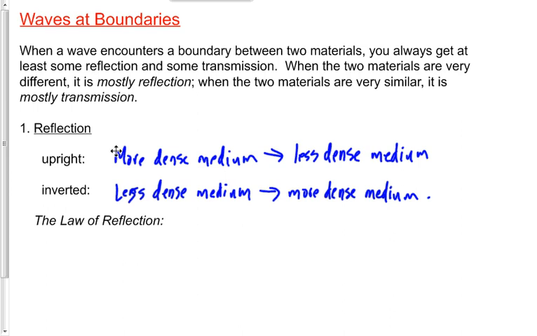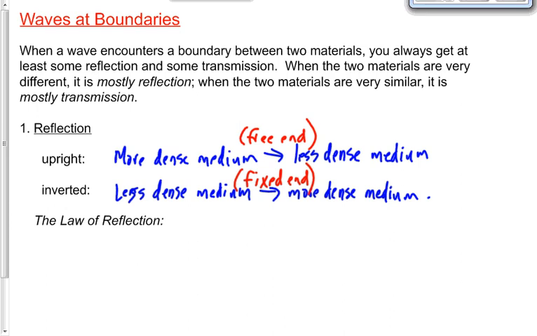If it's not attached to the wall, if it's just floating in the air, then the wave is going to a less dense medium and it's going to reflect right side up. So we're going to say that it reflects right side up when there's a free end, when the slinky or whatever is carrying the wave is not attached. It's not fixed. It's reflected inverted when it's a fixed end or an attached end, because in that case, it's normally going from a medium that's less dense to more dense.